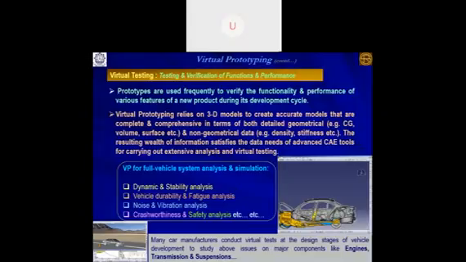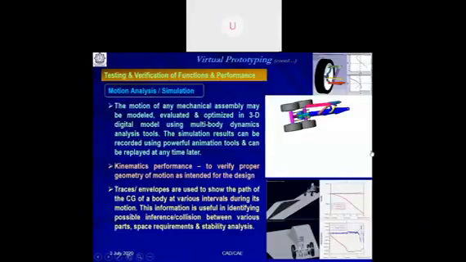These are some examples: landing gear simulation, and here we have done a tractor simulation where it is moving on uneven terrain. How the CG is moving with respect to time, whether the CG is within the support polygon or not, for stability analysis, you can check at the digital level, and change the design if required. So this is a part of your virtual testing.